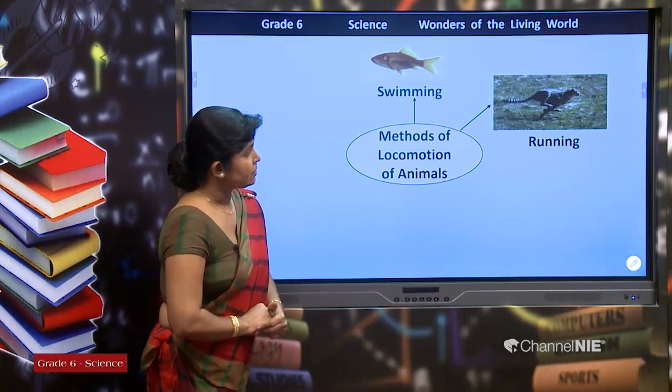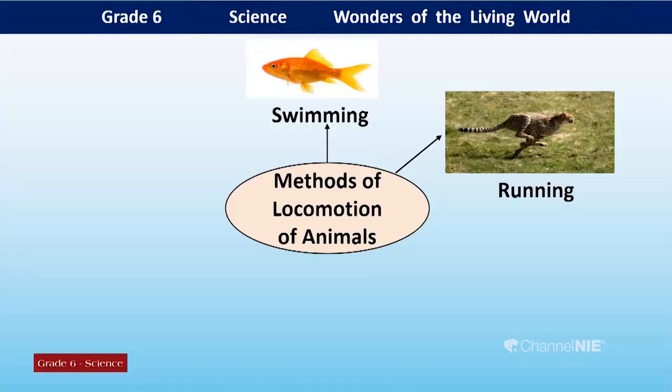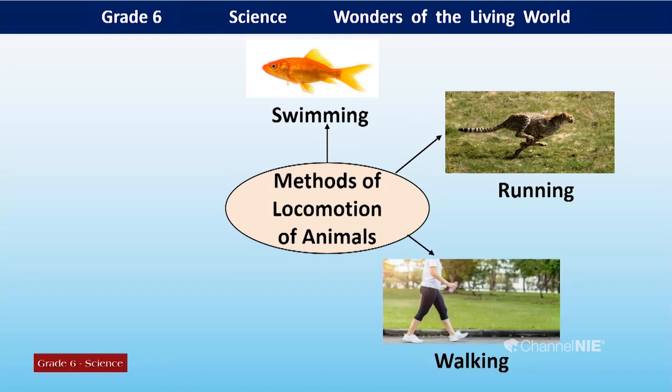Yes, cheetah. The animal, the method of locomotion is running. It uses its legs to run, right? Running, swimming, then running. Third one, walking. Using our legs, we walk from one place to another. That is our method of locomotion. That is walking.